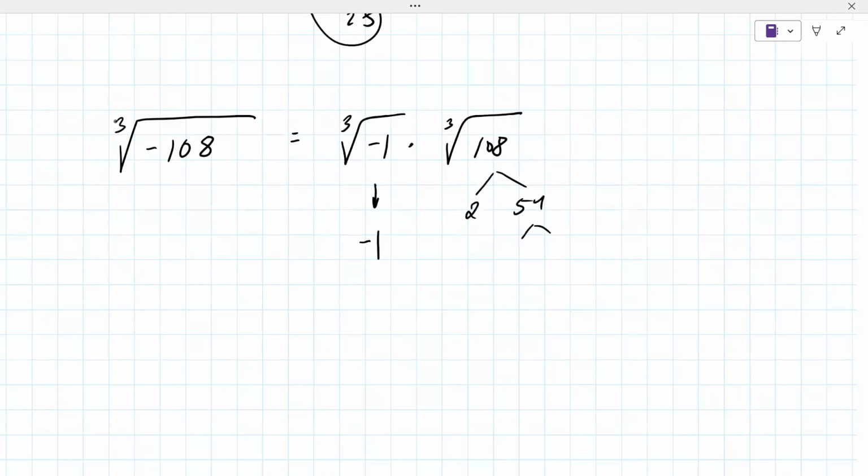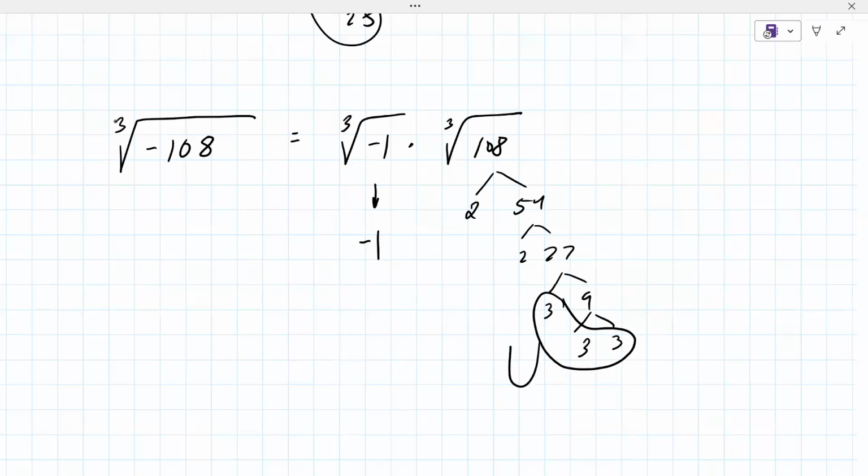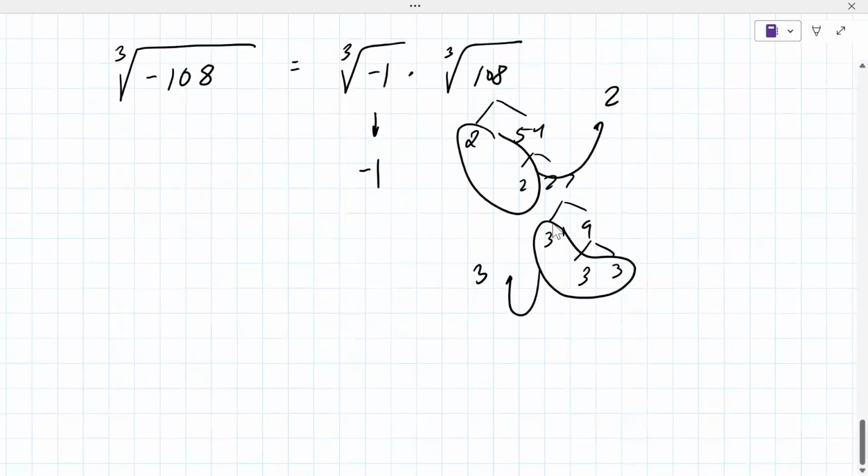2 and 54, 2 and 27, 3 and 9, 3 and 3. So this time there are three threes. So a 3 is going to come out, but a 2 is going to stay in. So you have a negative on the outside, a 3 on the outside, and a 2 on the inside.